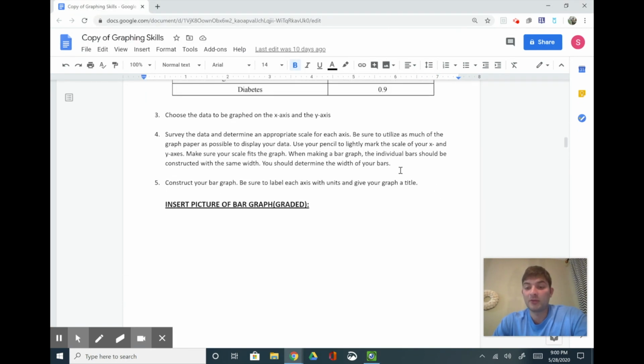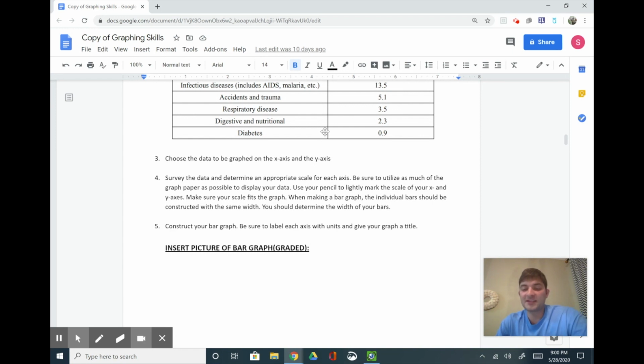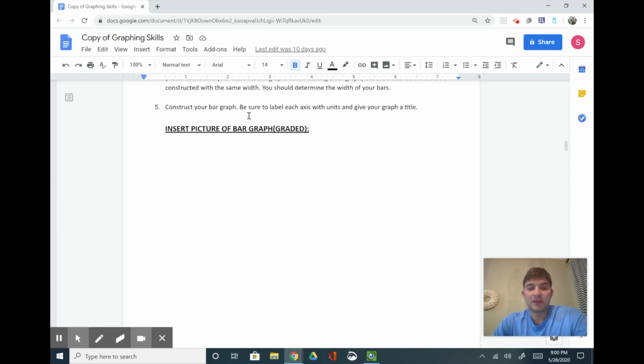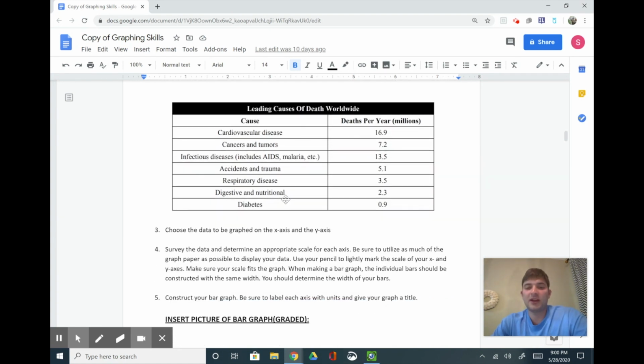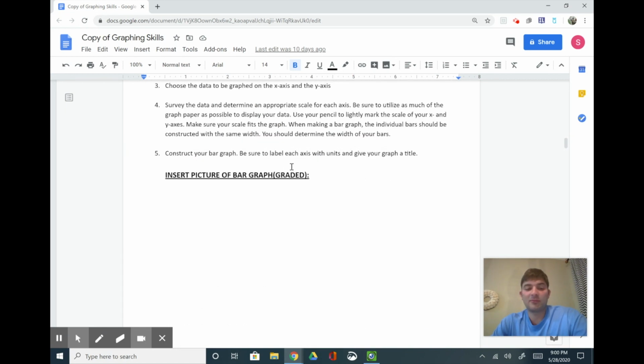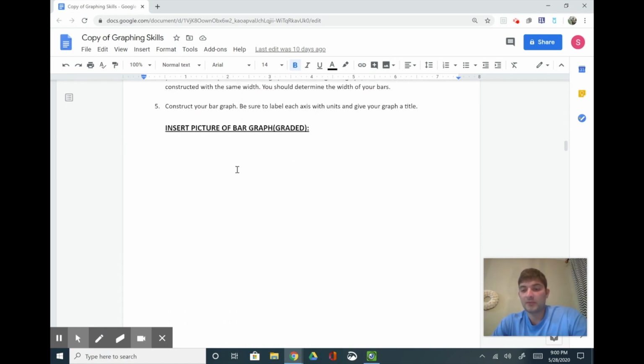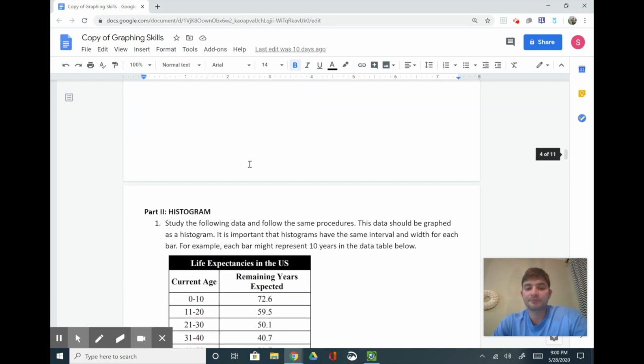I know several different graph mistakes that I've left out because there are so many I didn't cover. But after you make your very neat looking graph, you've scaled it correctly, and you have all this stuff, please insert that picture right here. Try again, think about what you want your students' graphs to look like.